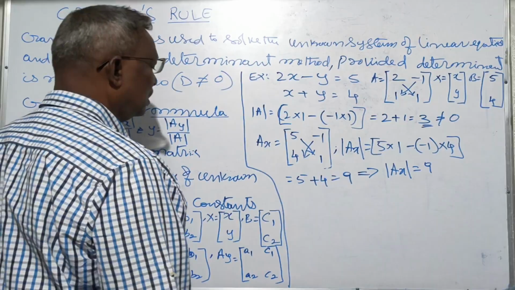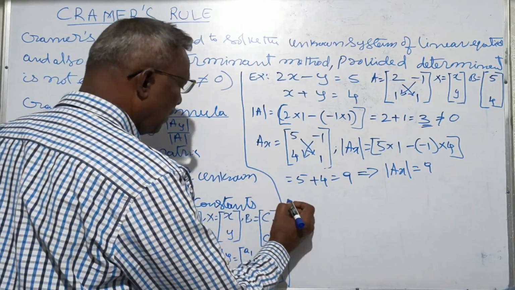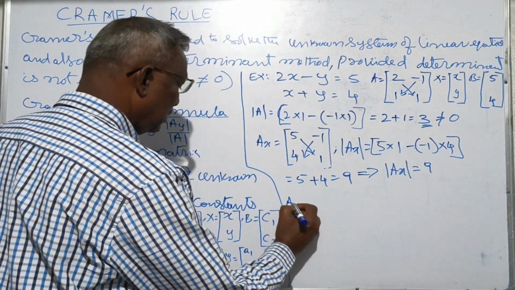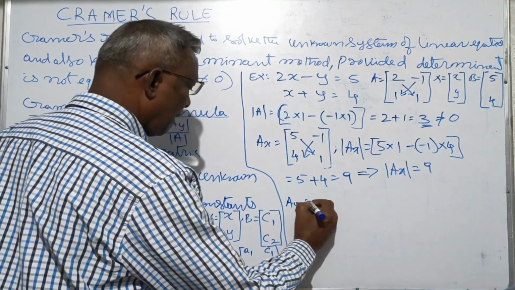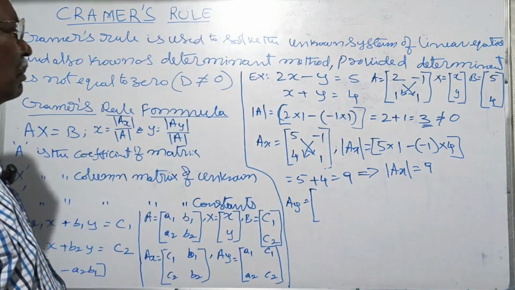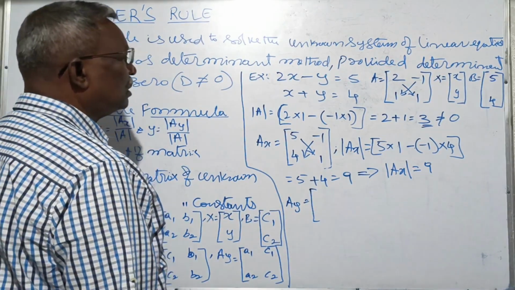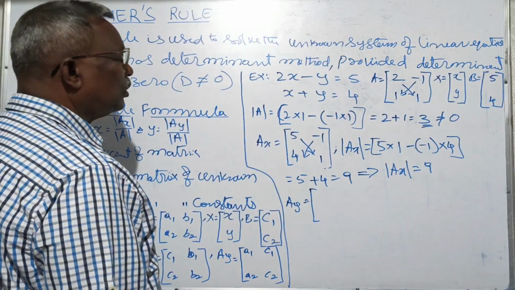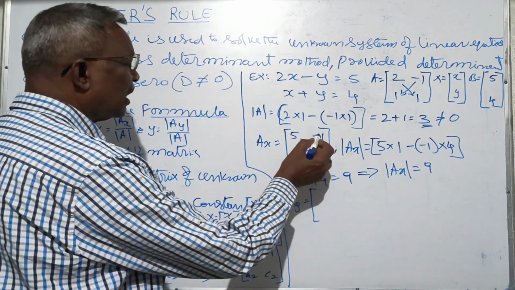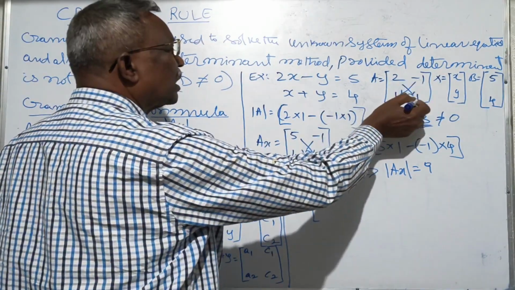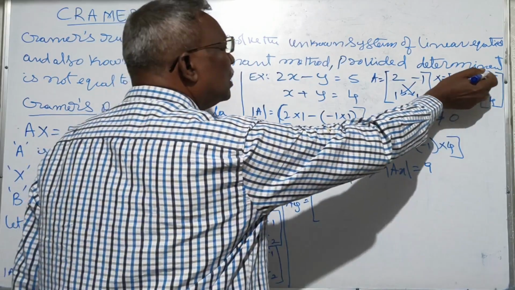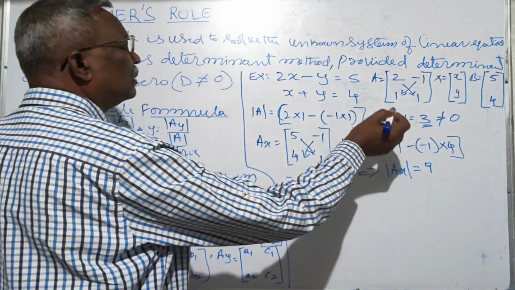Next, matrix AY. Matrix AY means simply we can replace the second column with the B column matrix.